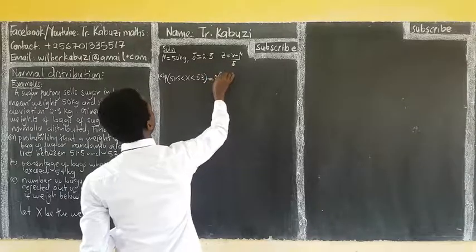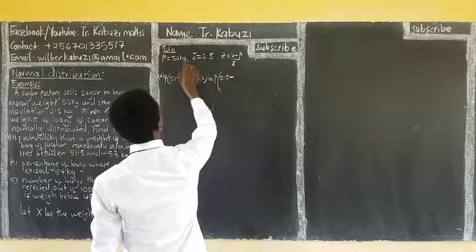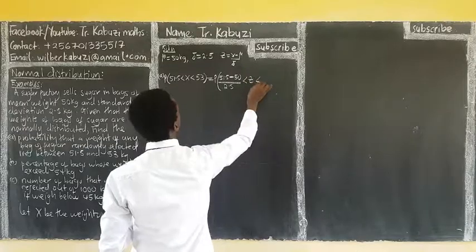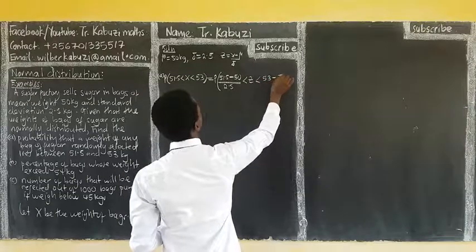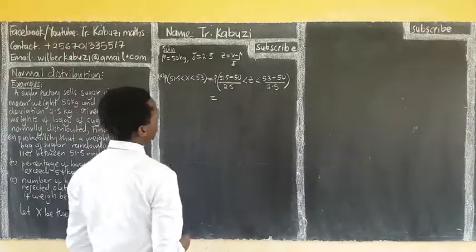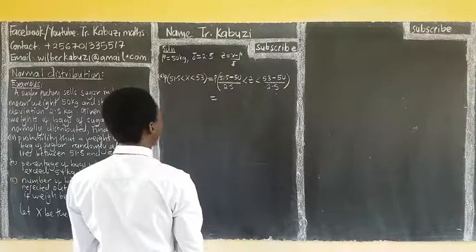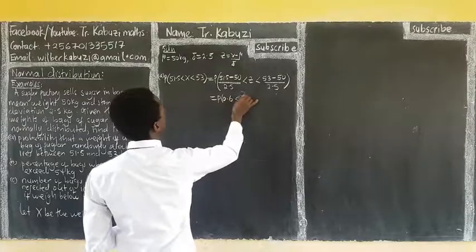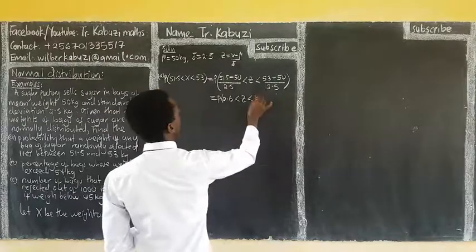So this will be the probability of X minus the mean over the standard deviation, which is now Z. If you do this, the X is converted into a Z. 53 minus 50 over 2.5. Replacing this, you get 1.5 divided by 2.5, which is 0.6, less than Z less than 3 divided by 2.5, which is 1.2.